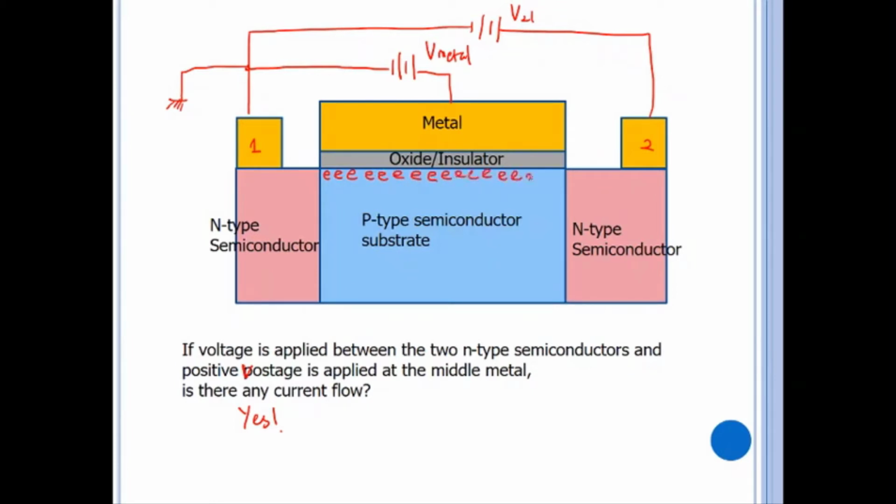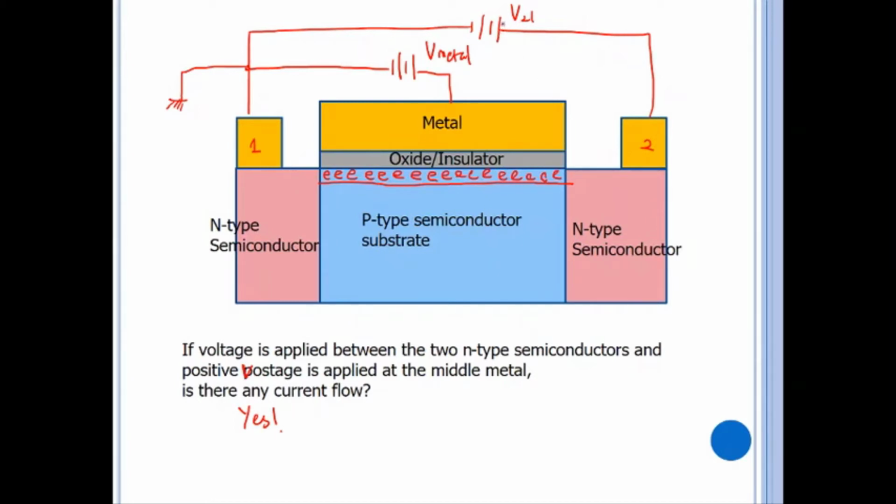This very thin accumulated electron channel will bridge or connect electrode number 1 to electrode number 2.